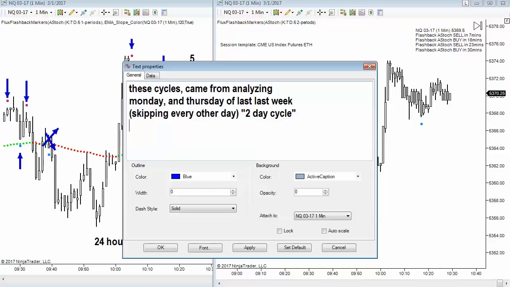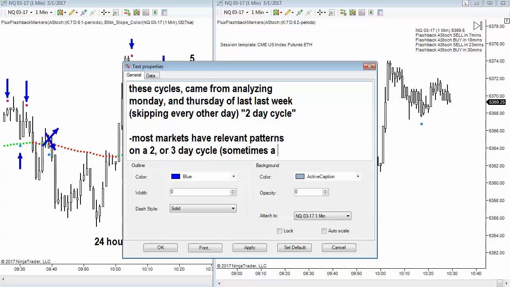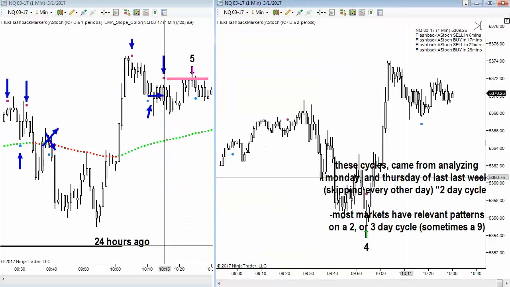And what I've uncovered is that most markets have relevant patterns on a 2 or 3 day cycle, sometimes a 9-day cycle. A 2 or 3 day cycle, and sometimes a 9-day cycle, which is a variant of a 3.